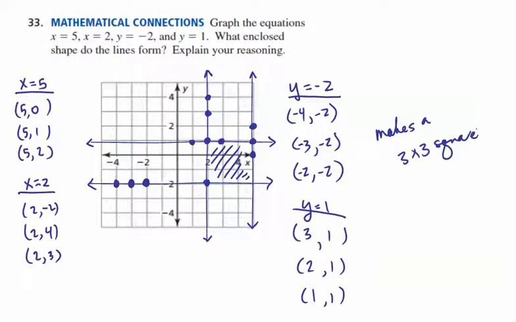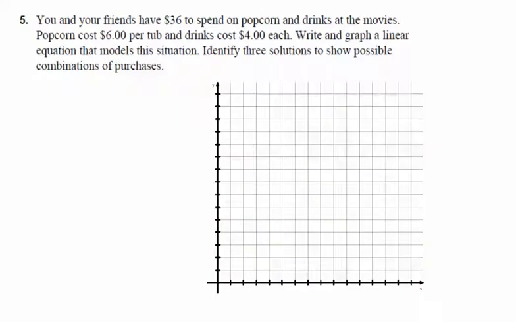Okay, so we will go on to the very last problem. Okay, so this problem number 5, which is stuck in at the end here. You and your friends have $36 to spend on popcorn and drinks at the movies. Popcorn costs $6 per tub. So remember that popcorn is $6.